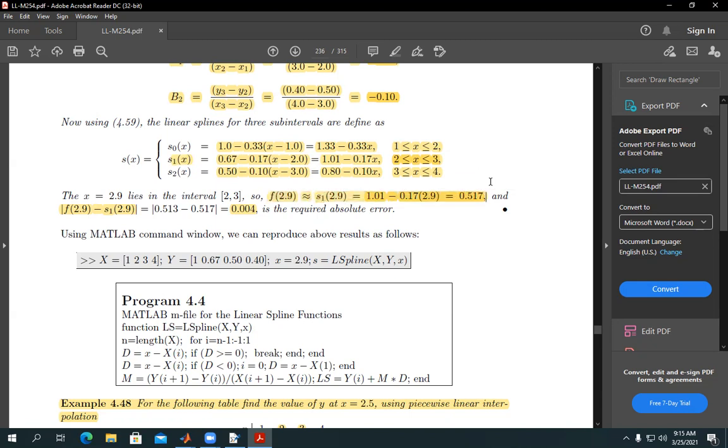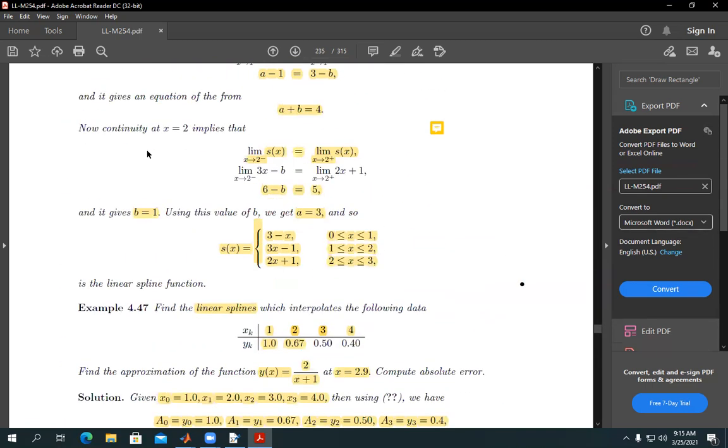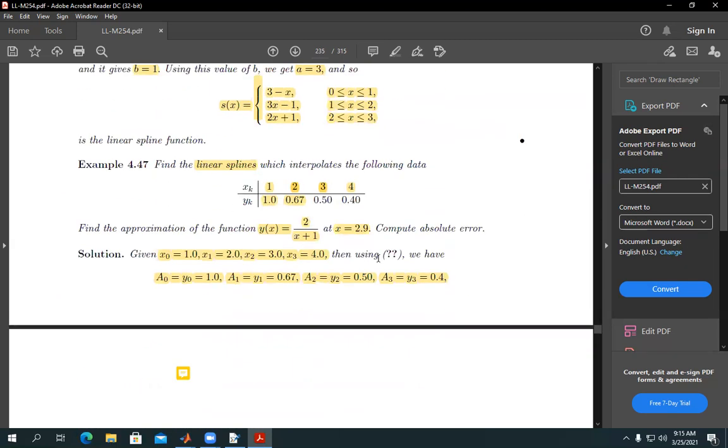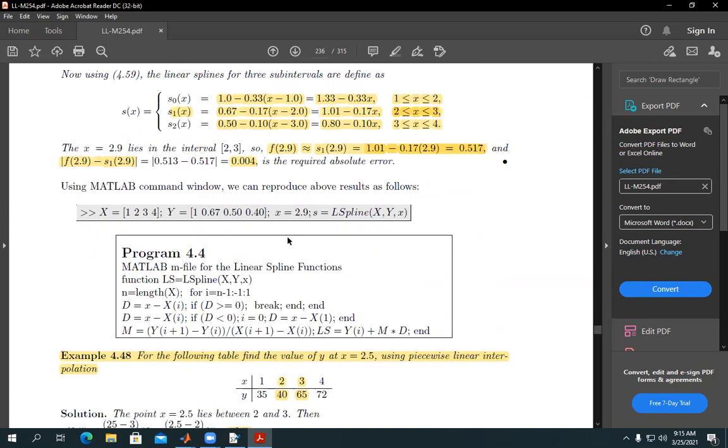So you use S1, and that will give you the answer of the problem. And the third part, he says, find the absolute error, where the absolute error is the difference between the exact and the approximation. And what is exact? Exact is the function at 2.9, so you put 2.9 into 2 over x plus 1, and this will give you the answer. And the approximation is S1(2.9), which you just found.